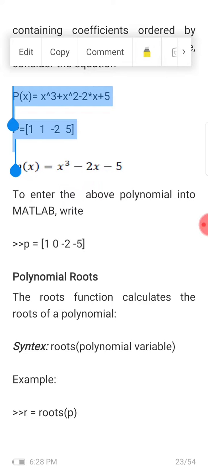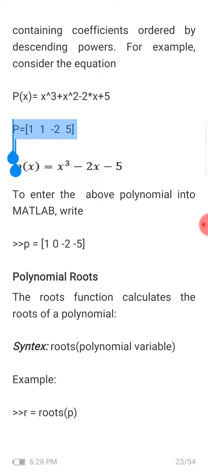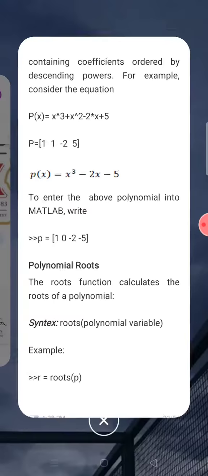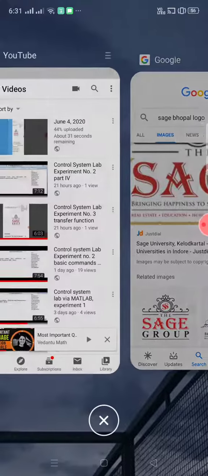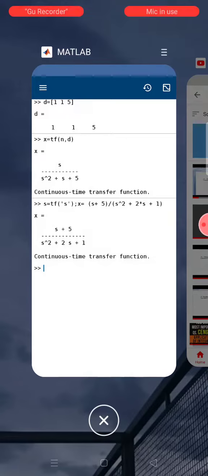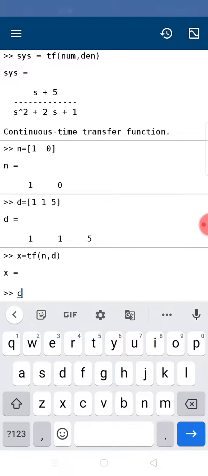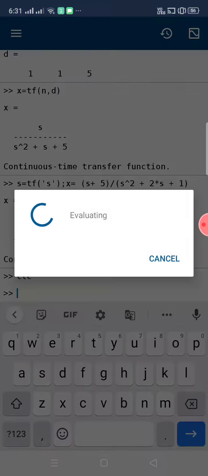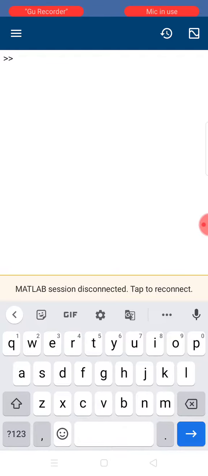Now I am copying this command and executing here. So you can see here the coefficients are written here.